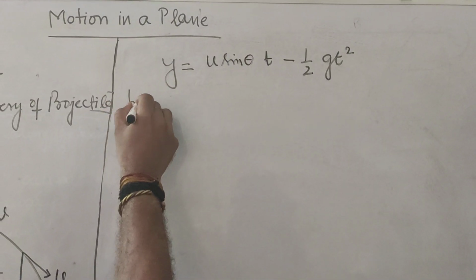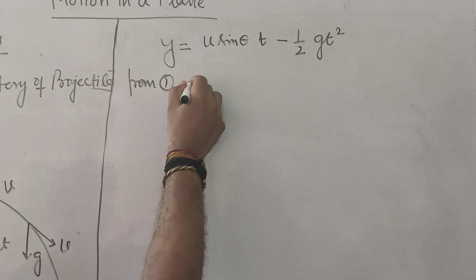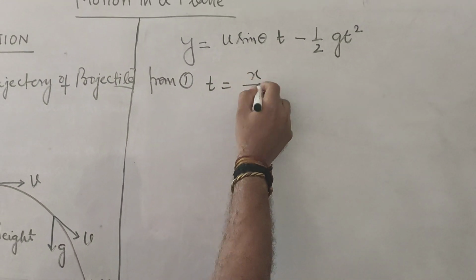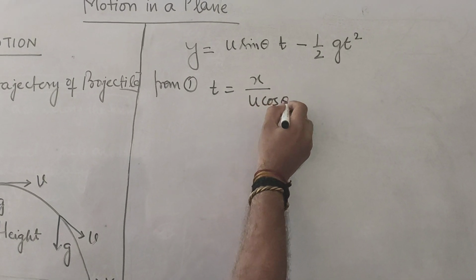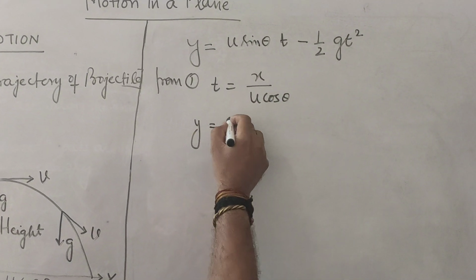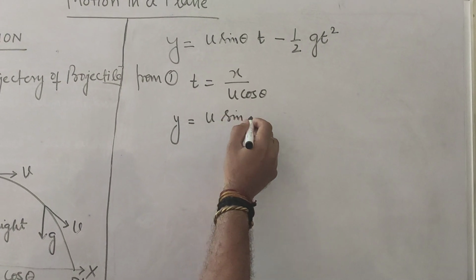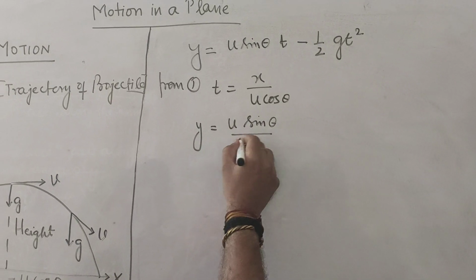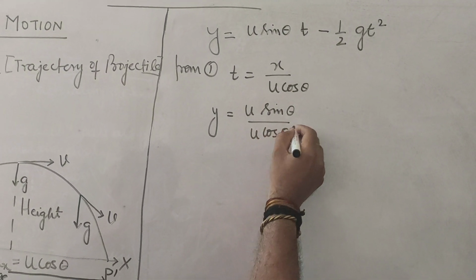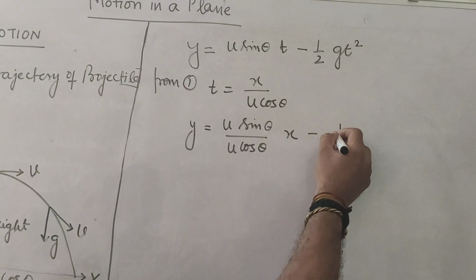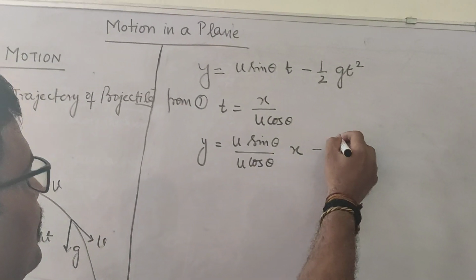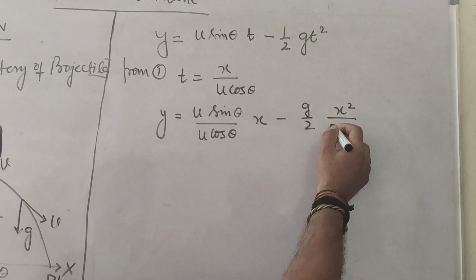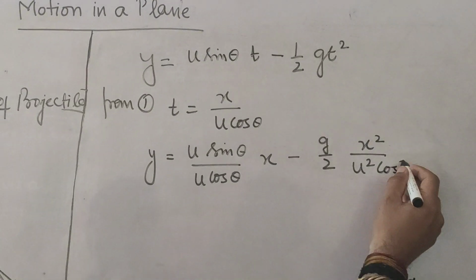Now from 1 you can substitute the value of t, that is t is equals to x by u cos theta. So y equals to u sin theta upon u cos theta, x minus half, or you can write g by 2, x square by u square cos square theta.